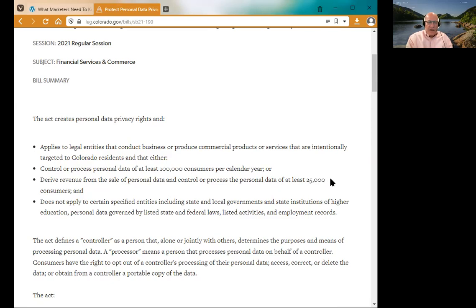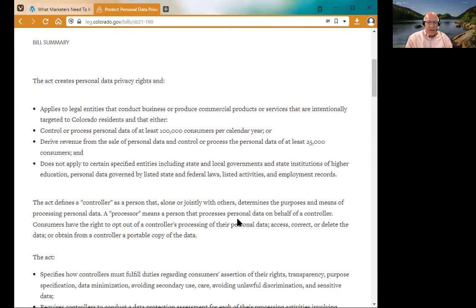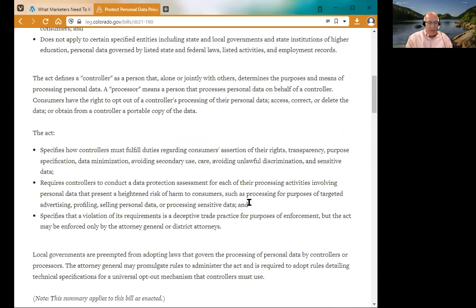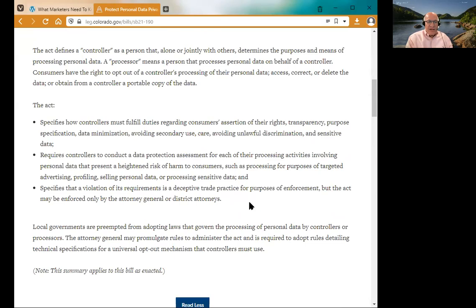If you're below that threshold, then it doesn't matter whether you make $1 bazillion or not, you're still not covered by the law. It also doesn't cover state and local governments, colleges, and it also does not cover information that is publicly available.